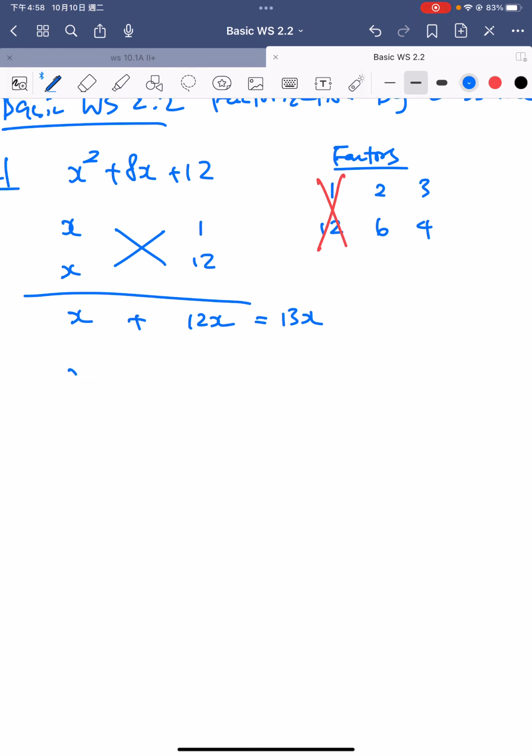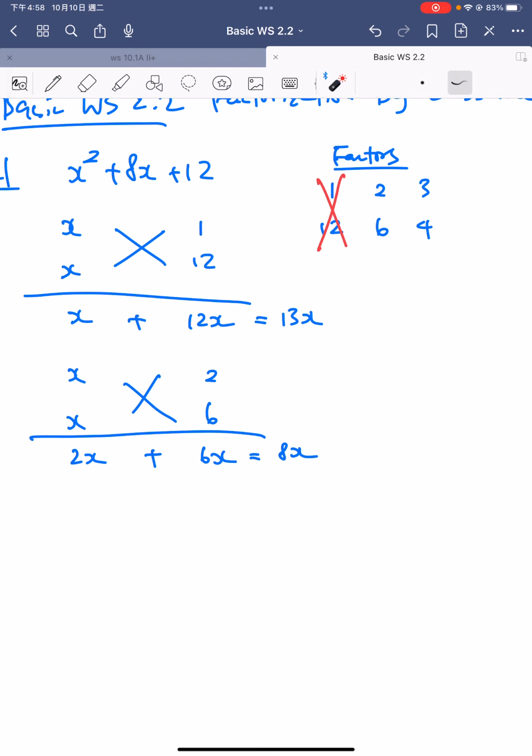We have x and x together with 2 and 6. Let's try again. x times 6 gives you 6x, x times 2 gives you 2x, and you plus them together, which gives you 8x. Let's check it. The 8x is the same as the question's middle part.